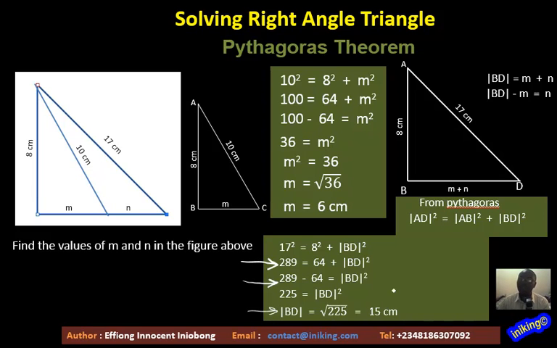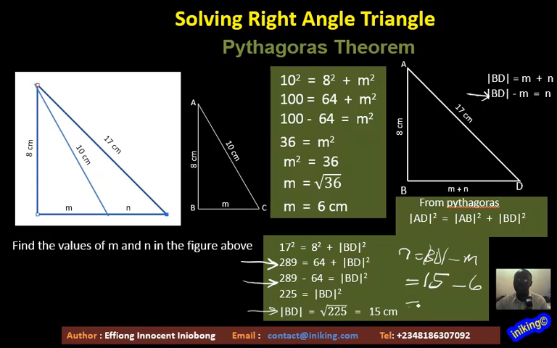Now that we know that BD is 15, what is N? We know that N will be what? BD minus M, as we already stated earlier. BD is 15 minus M, which we obtained as 6.